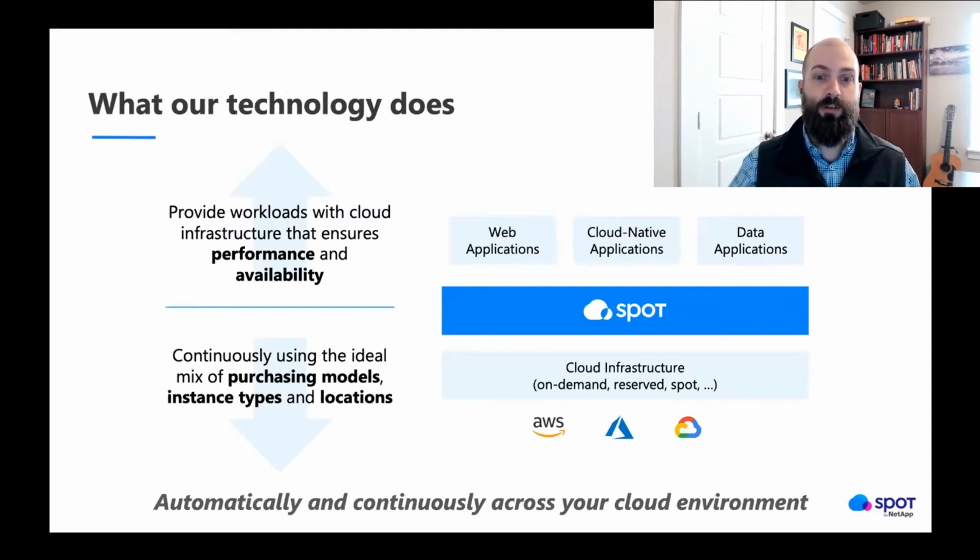So we integrate with your existing cloud environment, and we're able to provide a streamlined application-driven experience to your ultimate workloads, not having to go in and manually provision certain instance types, not having to budget for those instance types. We automate all of the work that goes into that.